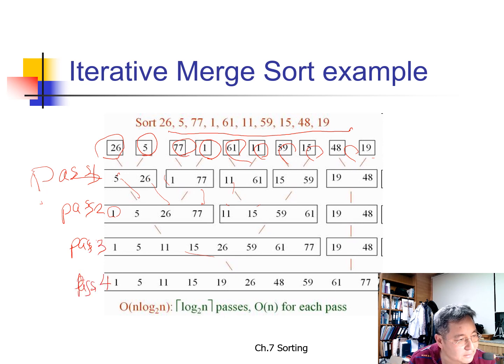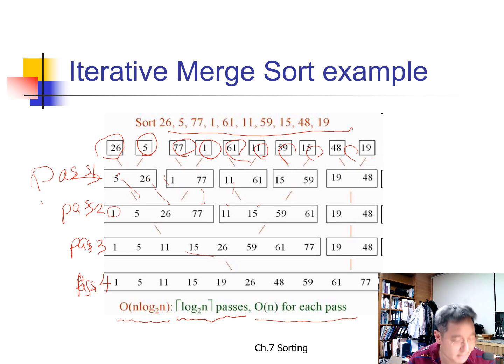So how many passes are necessary here? log n passes are necessary here, and in each pass we need big O of n time. So the total time complexity here is big O of n log n.